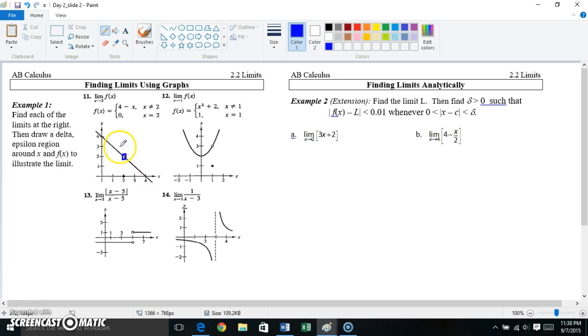So the limit says, what is the y value as x gets close to 2? So if I move x closer and closer to 2, what's happening to my y values? They are getting closer and closer to 2.